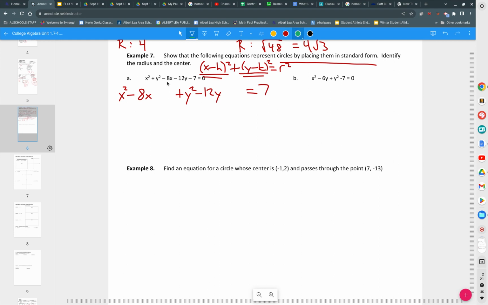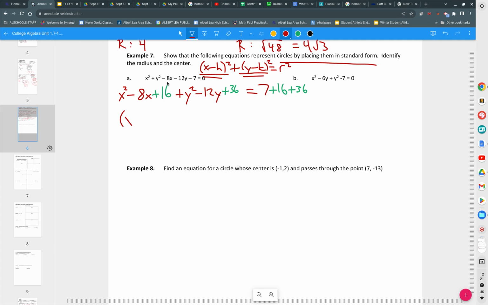What number do you add to complete the square right here? 16. How'd you get that? Divided by 2 squared. Yep, 8 divided by 2 is 4, squared is 16. If I add it to one side, I add it to the other. Here I add what number? 36. Add it to one side, I add it to the other.